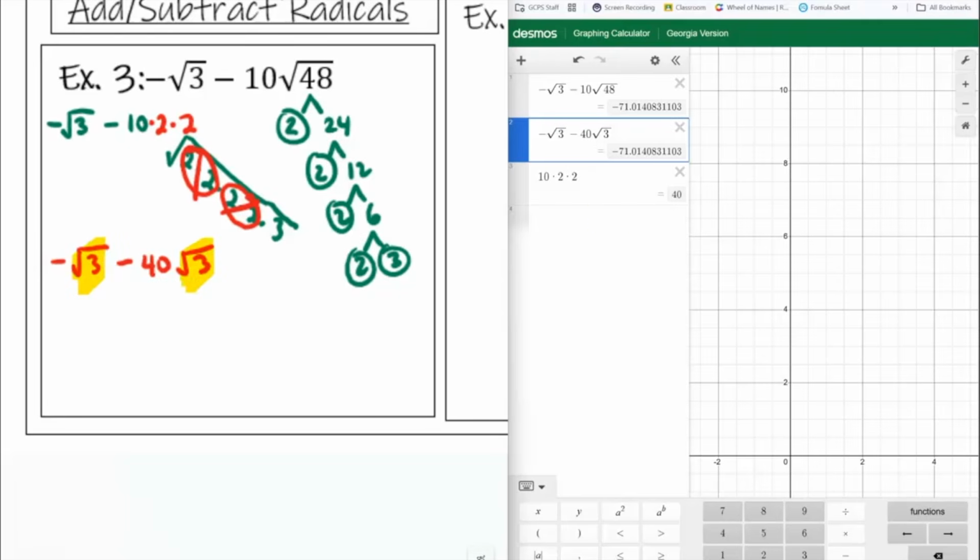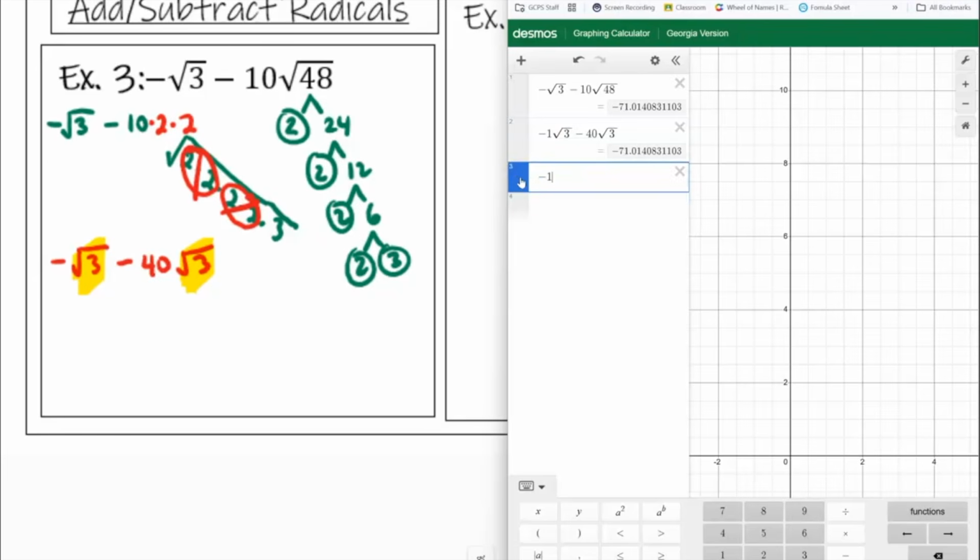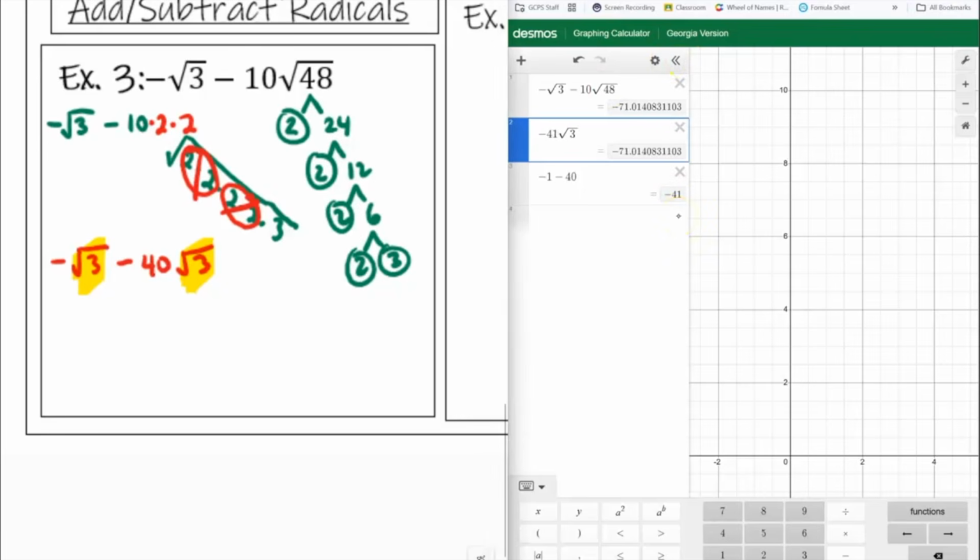The radicand, it's the same, right? So this is -1 apple minus 40 apples. I have an invisible 1 here. I can just look at the negative 1 minus 40. So I could say negative 1 minus 40 is going to give me negative 41. And if I did this correctly, when I replace it with negative 41, it's going to match, which it does.